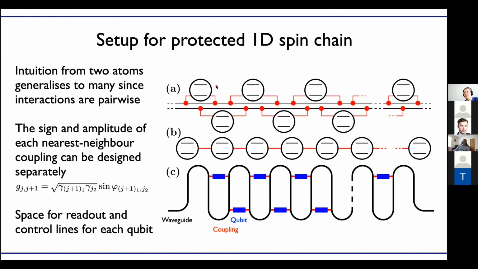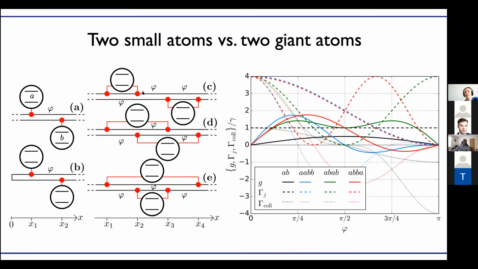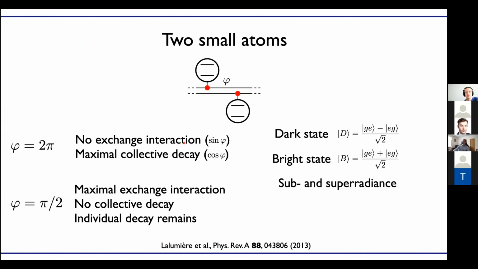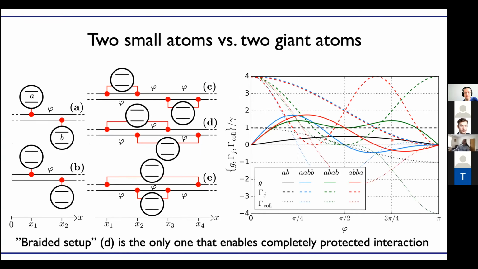The point I'm trying to make with this protected interaction is that it's not a dark state. With a dark state, you had a very specific superposition of states. Here it doesn't matter what the states of the atoms are. The whole Hilbert space is protected from decay into the waveguide.